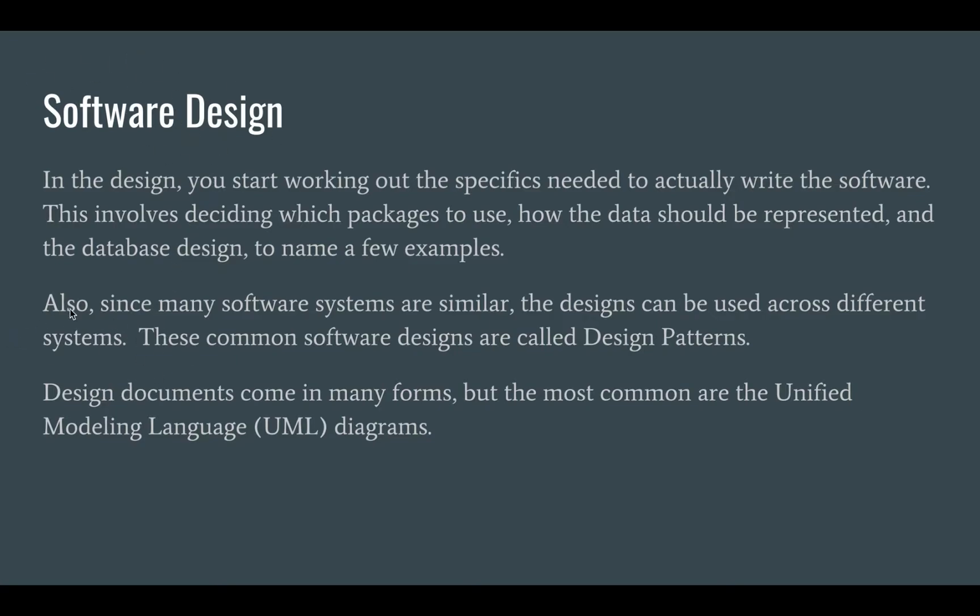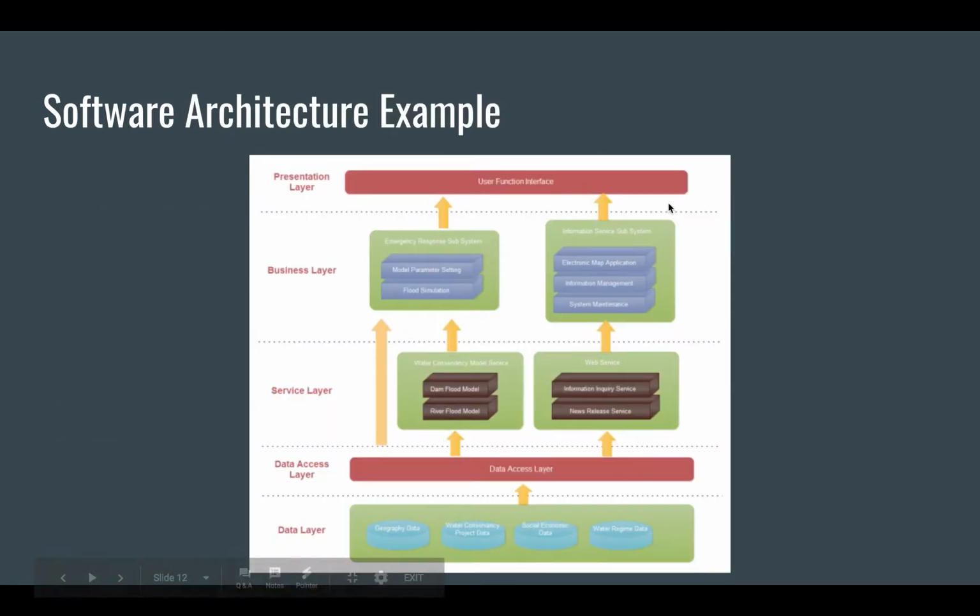And this is kind of interesting, and I wish people would have told me about this a lot earlier. Since so many software systems are similar, like this software system here, I'm sure every single person who's worked in some sort of business as a software engineer or software developer has seen a data layer plus a data access layer plus a service layer plus a business layer plus a presentation layer.